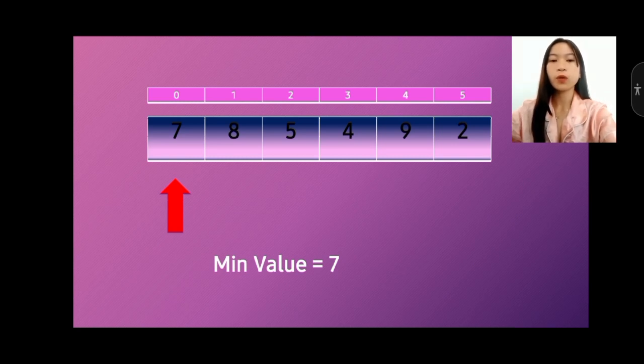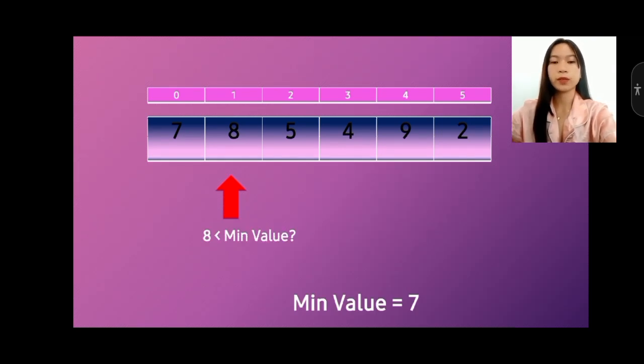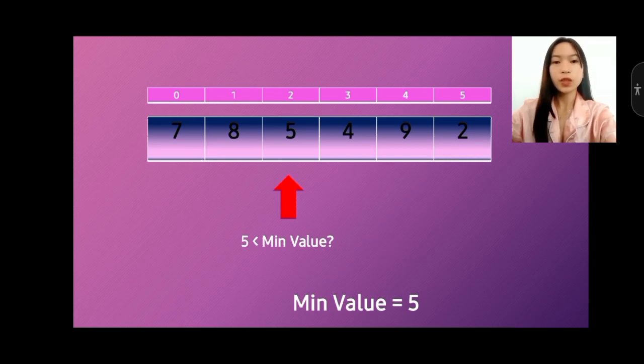So far, we haven't found anything lower than 7. So we compare 7 to 8. Is 8 less than our min value of 7? No. Is 5 less than the min value? Yes.